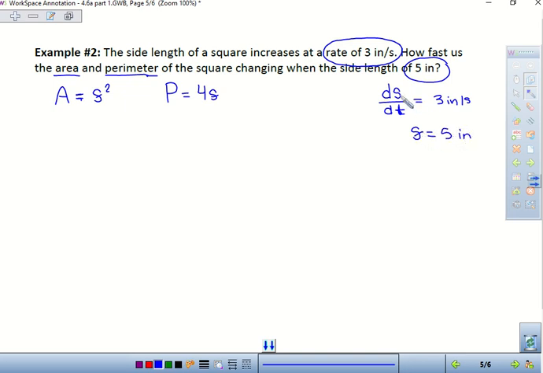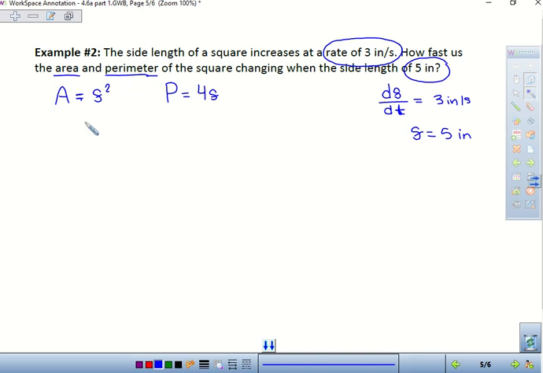Now we're going to think about this process. If my area is increasing, is my side length or my area going to stay the same at all? No. If my perimeter is changing, is my side length also going to change throughout the problem? Yes. So neither of these has constant variables in it, and for that reason we're ready to differentiate.